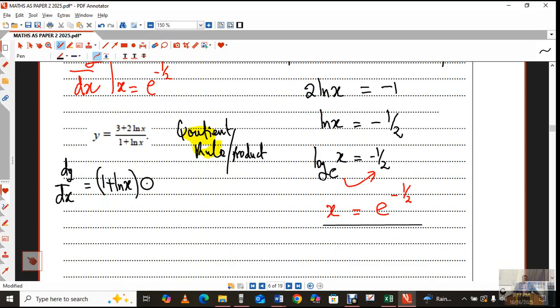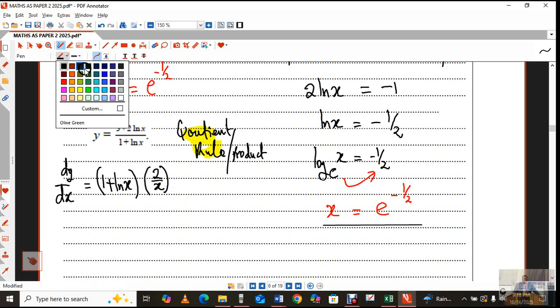Then take the derivative of the numerator. So if you take the derivative of the numerator, the derivative of 3 is 0, the derivative of 2 natural log of x is nothing but 2 over x. Hopefully you still know that, okay?